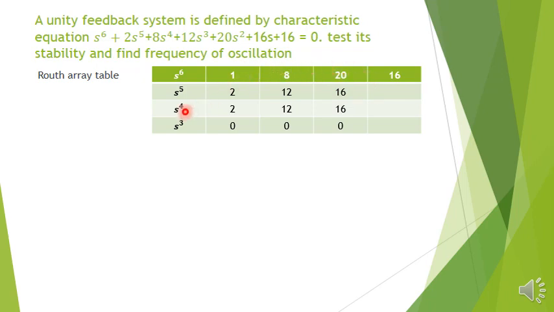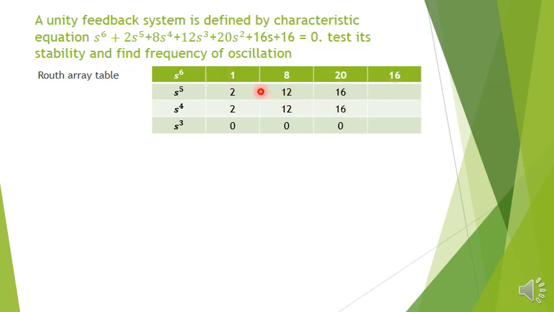Now we will obtain the s to the power 4 row. It is 2 into 8 minus 1 into 16, divided by 2, which is 0. Wait, using the table: 2 into 8 is 16 minus 1 into 12... 4 divided by 2, 2. 2 into 20, 40 minus 16, 24 divided by 2, 12. 2 into 16 minus 0, divided by 2, 16.